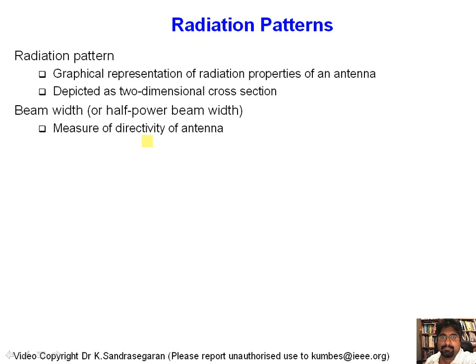The other thing that we talked about is the beam width, sometimes also referred to as the half power beam width, and that is an indication of the directivity of an antenna. If you've got a beam width of 360 degrees, it means you're dissipating power equally in all directions. If you've got a beam width of 13 degrees, which is a very small angle, you've got a very directive antenna.